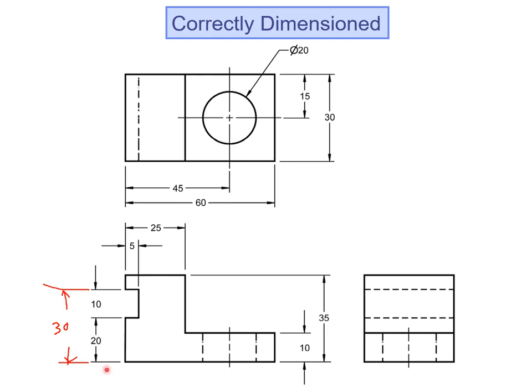So again, we're supposed to dimension bottom to top, bottom to the top of the slot. Now the reason we're not using the 30 and instead we're using the 10, it's because most likely something has to fit inside this slot and the 10 has priority over the 30.